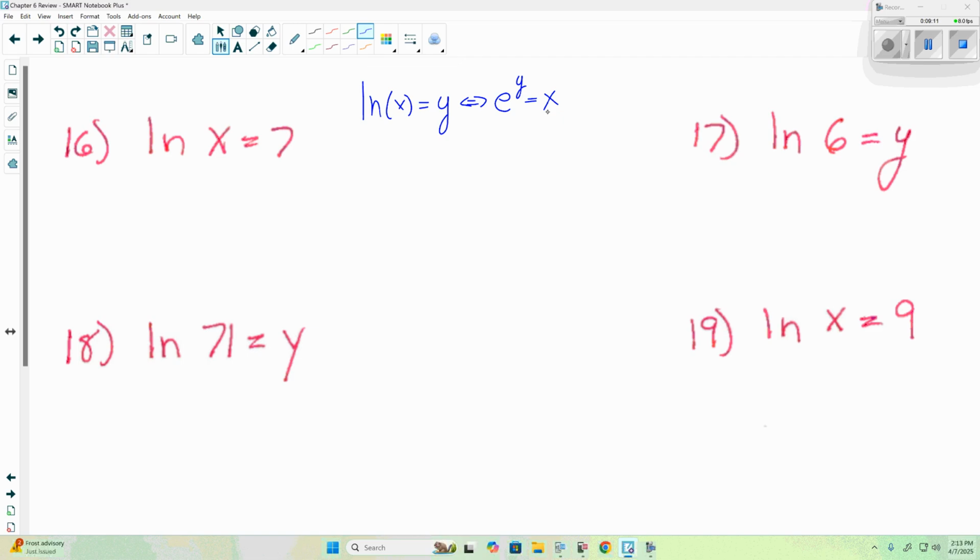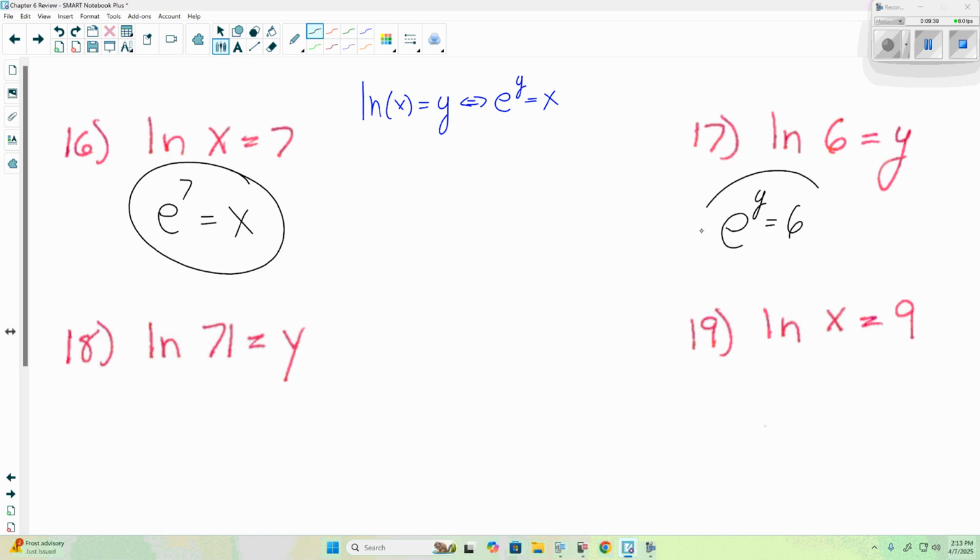If we rewrote this as an exponential, the base is e, and it would be e to the 7th is equal to x. The natural log of 6 equals y would be what? e to the y is equal to 6.